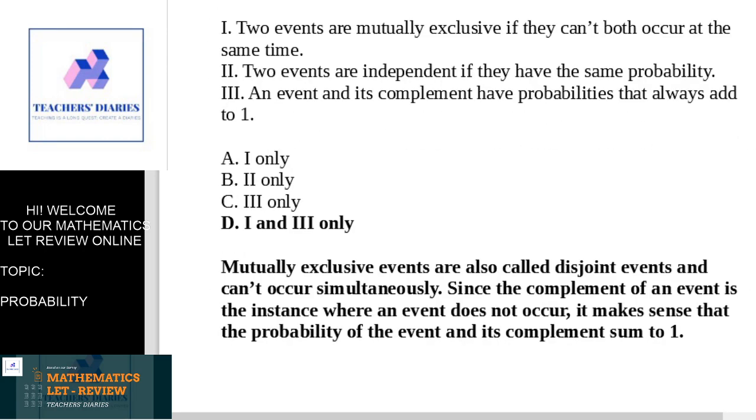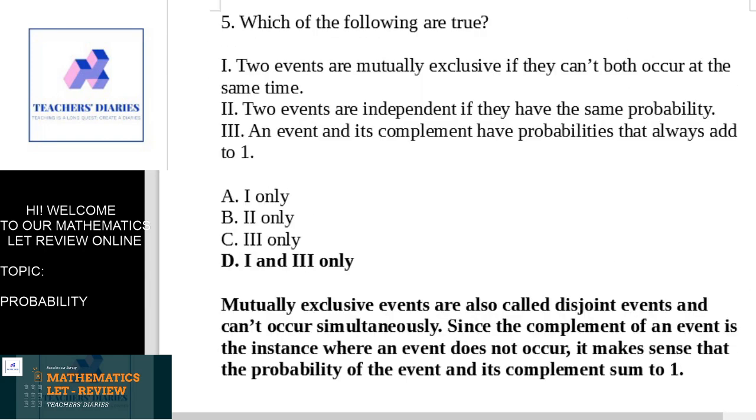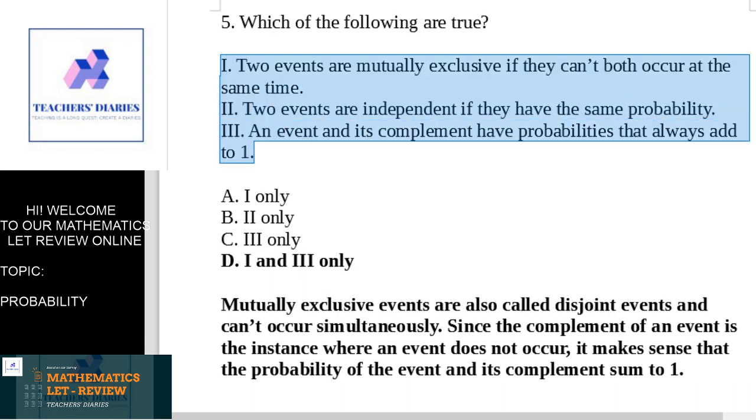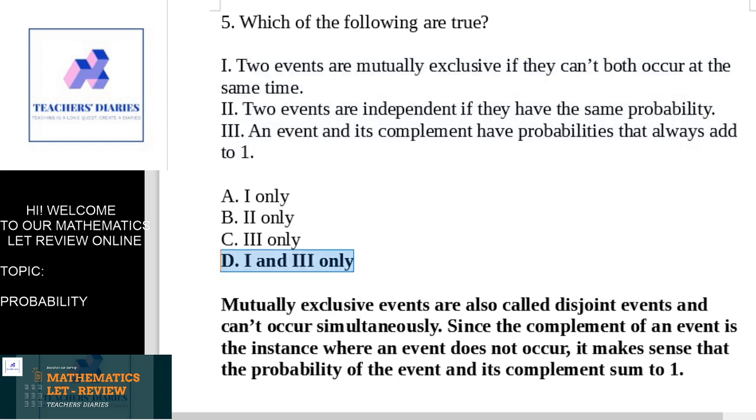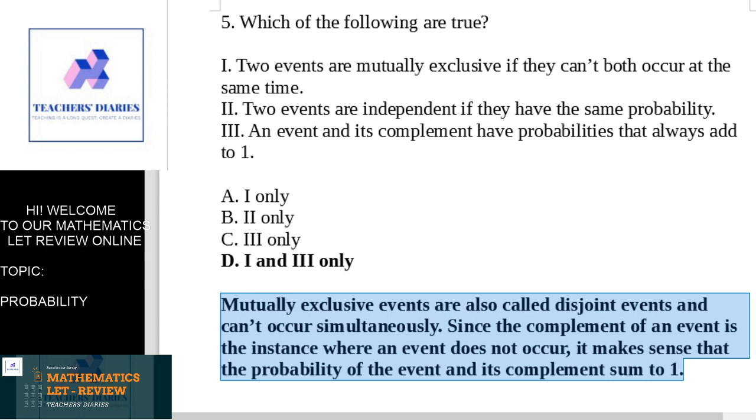Let's proceed to number 5. Which of the following are true? On these three statements here, the correct answer is letter D, the first and the third statement only. So mutually exclusive events are also called disjoint events, and can't occur simultaneously.